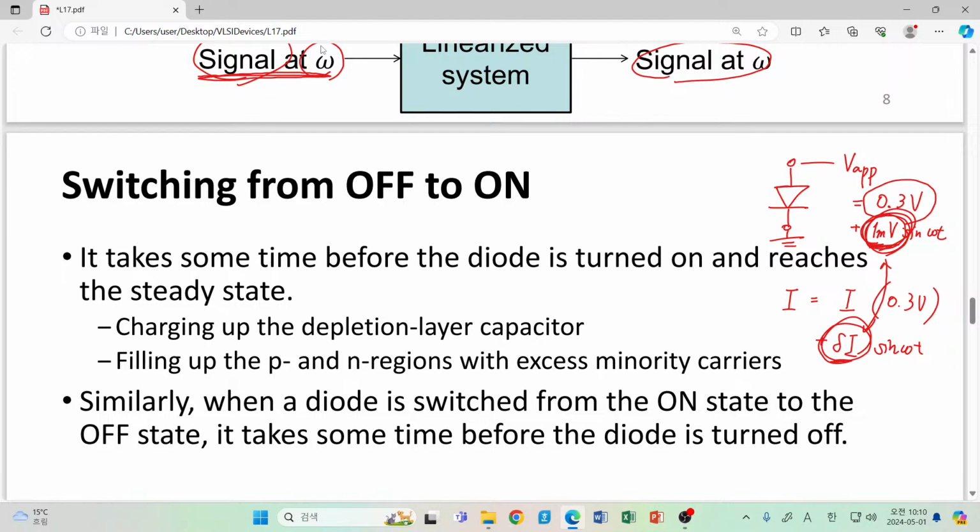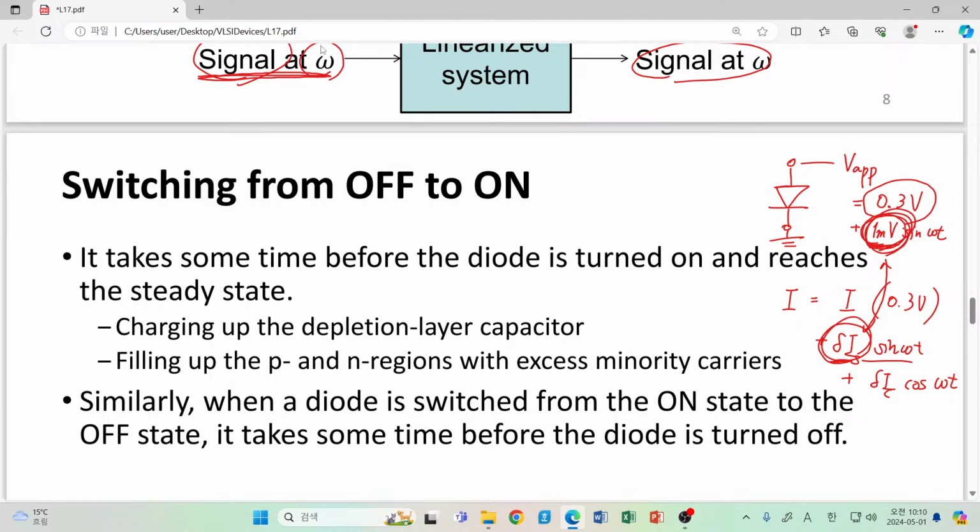Of course, there is one more complication. Although I have written delta I times sine omega t, unfortunately there may also be a cosine omega t. So delta I should have a sine component and a cosine component. Or sometimes we introduce a complex number phasor to think about this sine component and cosine component.